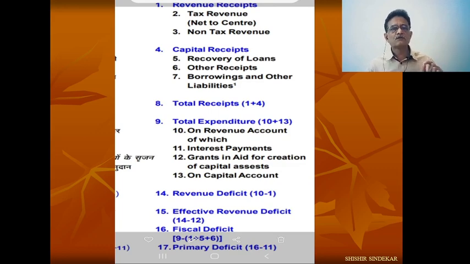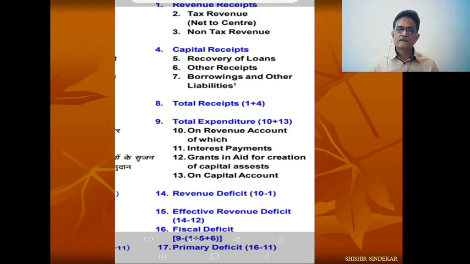If you have gone through the budget of this year, you will find this is the latest classification. The first number is revenue received. Just now I said tax revenue net to the center. Must remember that there are two types of taxes nowadays, basically direct tax and indirect tax. Within direct tax, the first one is corporation tax, the second one is personal income tax.